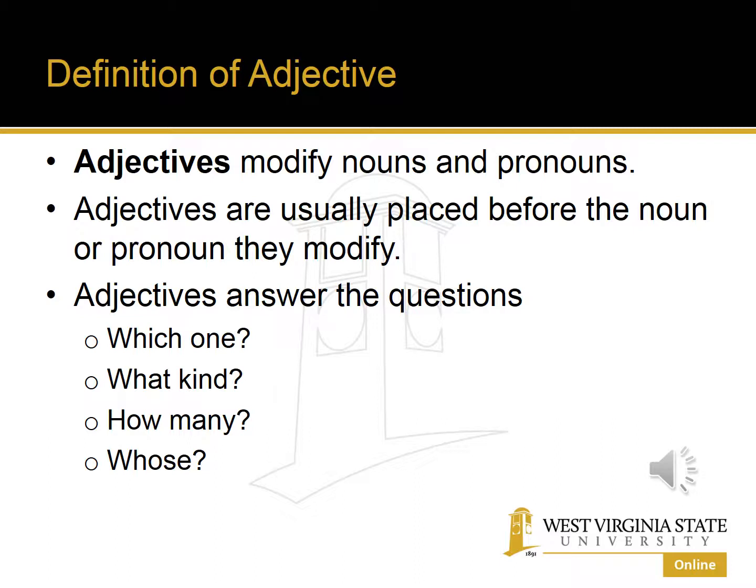Adjectives are usually placed before the noun or pronoun they modify, so they're usually easy to identify. And when we're trying to identify an adjective, we can ask the questions: which one, what kind, how many, whose. The answers to these questions are the adjectives.